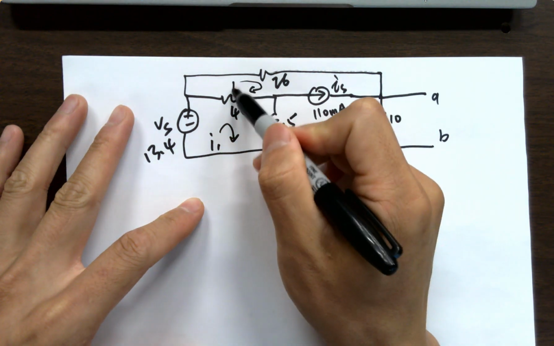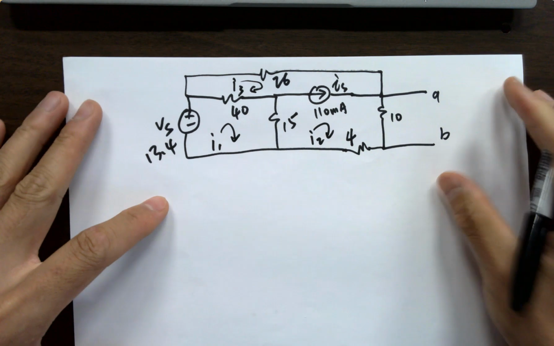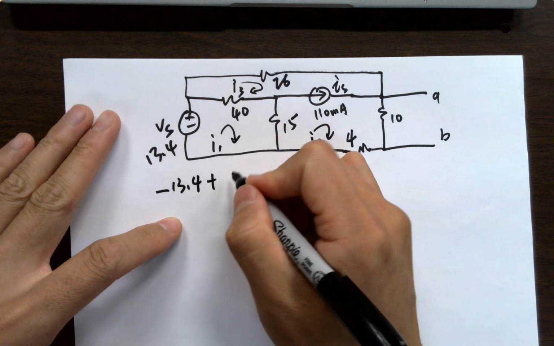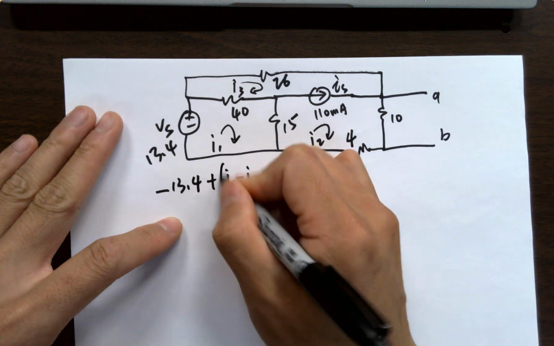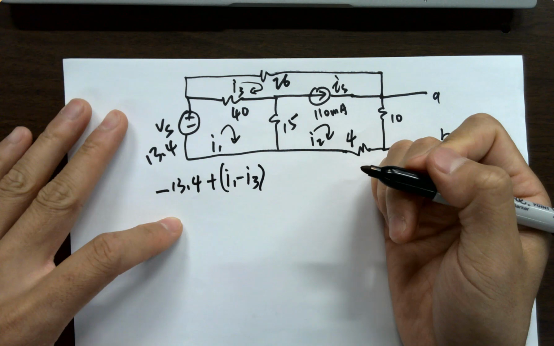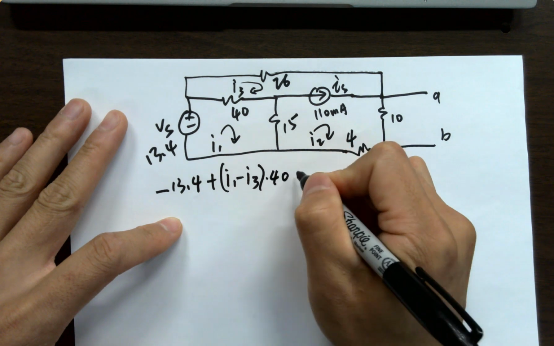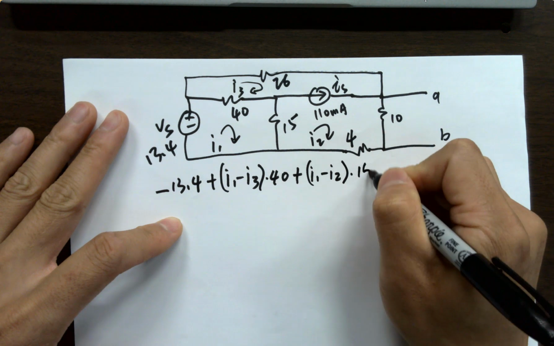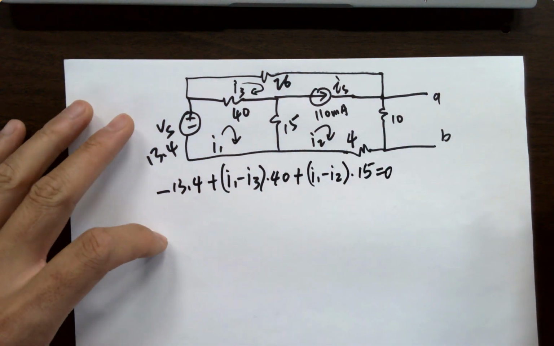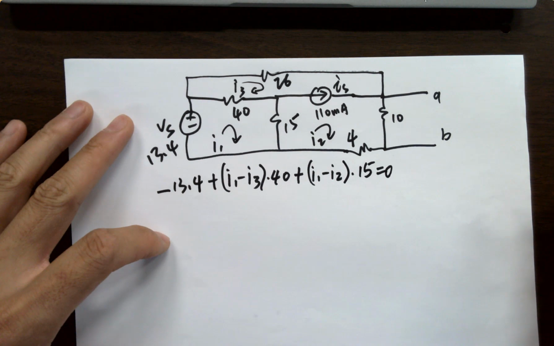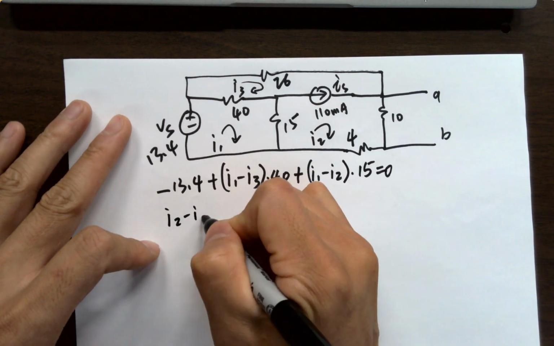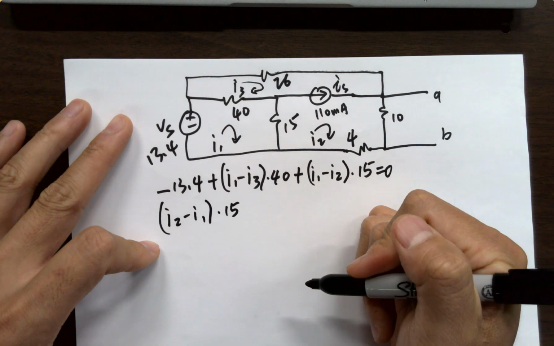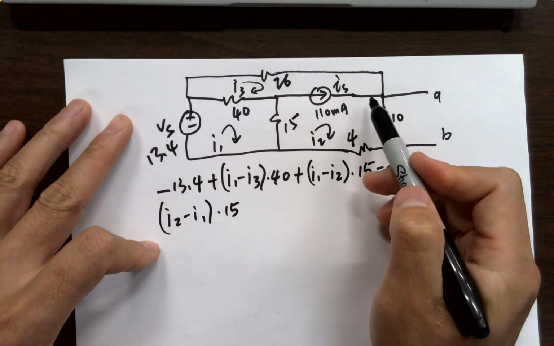Here's I3 minus 13.4 plus I1 minus I3. What's the voltage though?